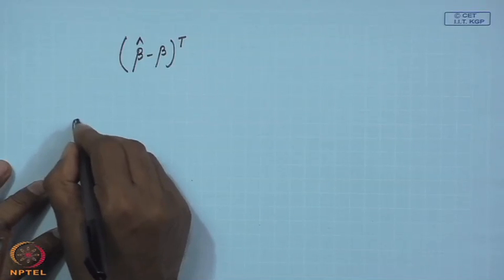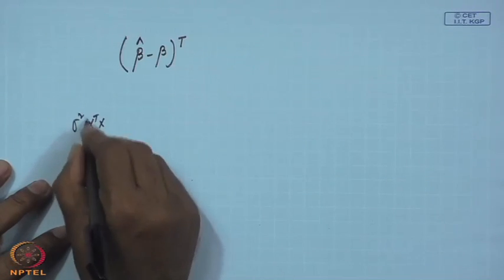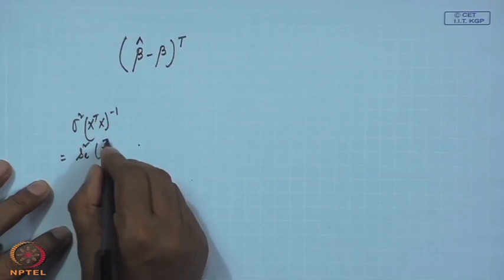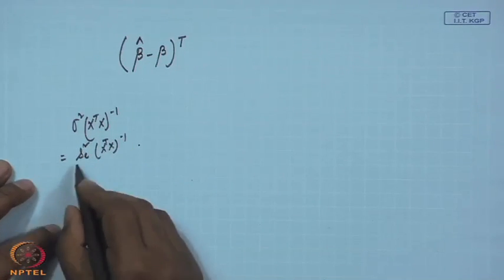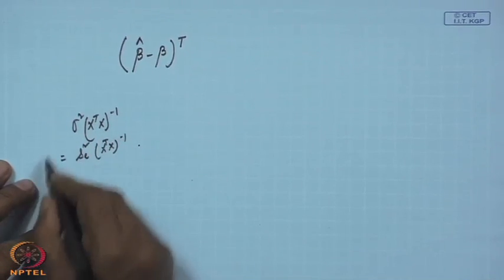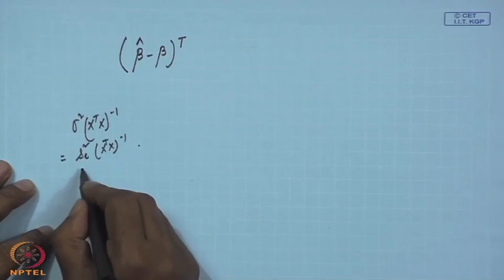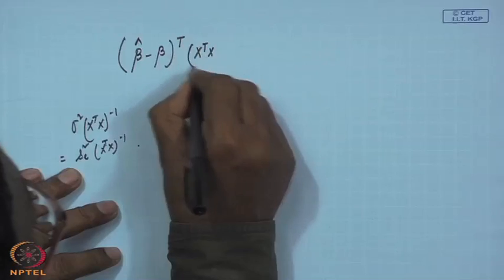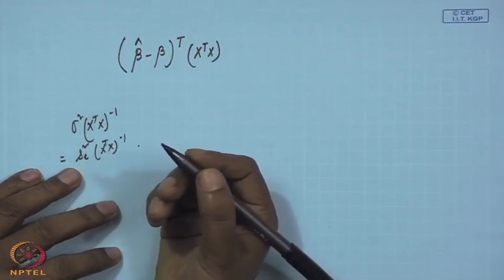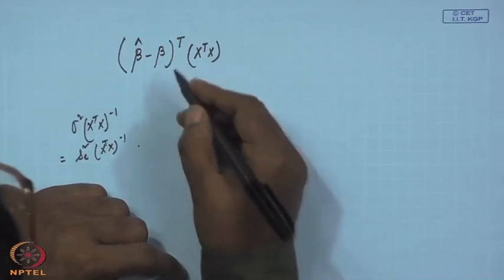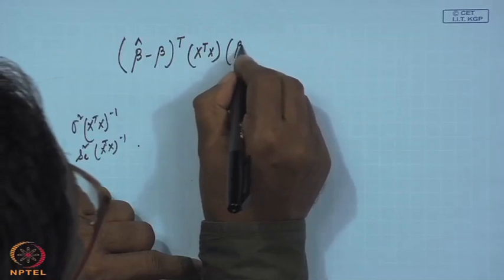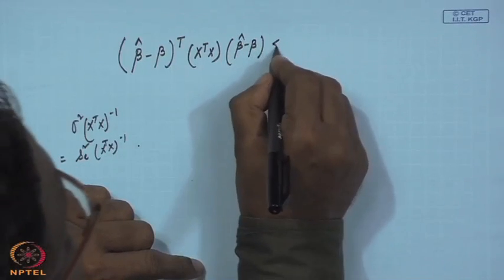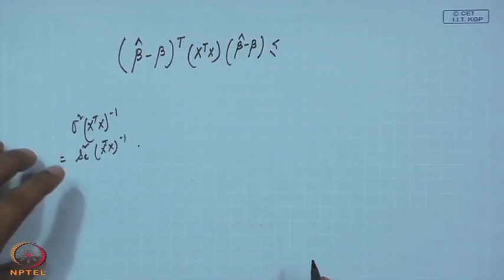Our covariance matrix is sigma square times x transpose x inverse, which we can write as S square times x transpose x inverse. So what do we want? The inverse of this, that means x transpose x by S square. So I write x transpose x, and I am not writing S square here; later on we will write S square, then beta cap minus beta. What distribution it will follow is important.